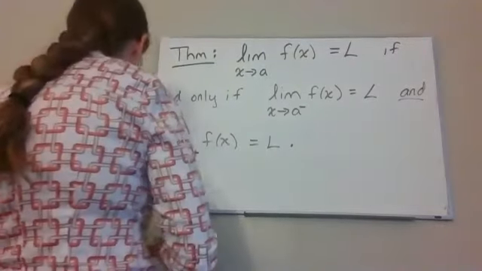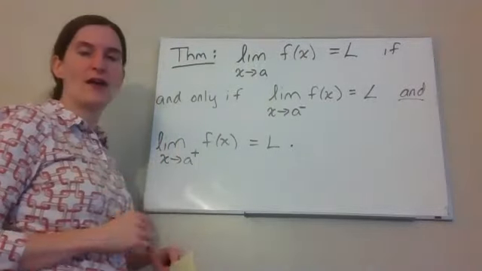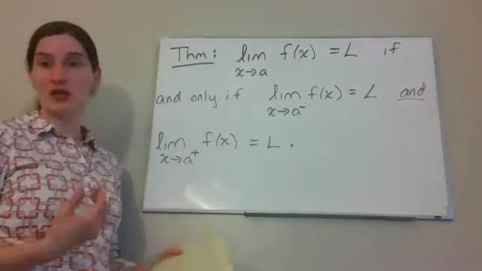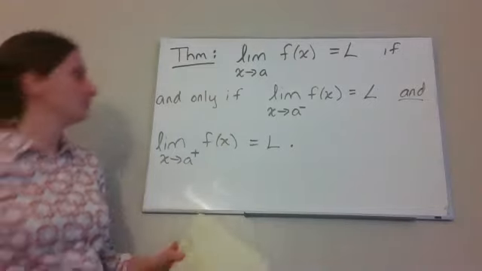So let's do an example where I'm going to draw a pretty complicated graph, and we're going to try to find a lot of different limits. Some from the right, some from the left, some in general, and see if we can figure them out by looking at the graph.